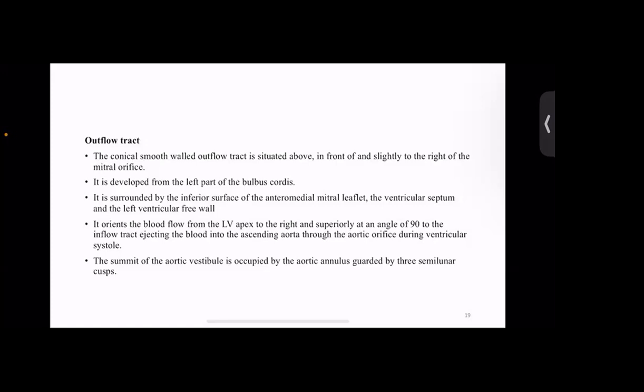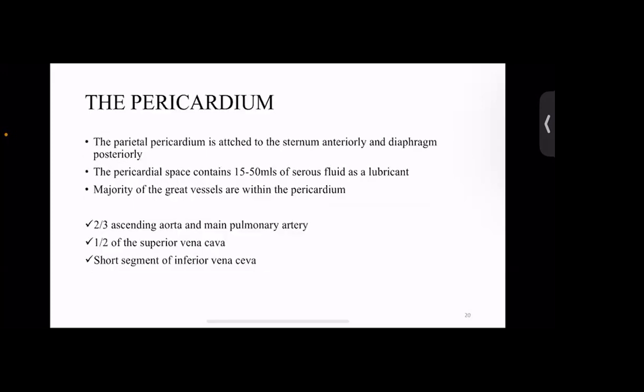So it orients the blood flow from the left ventricular apex to the right and superior at an angle of 90 degrees to the inflow tract, ejecting the blood into the ascending aorta through the aortic orifice during ventricular systole. And the summit of the aortic vestibule is occupied by the aortic annulus, guarded by the three semilunar cusps.